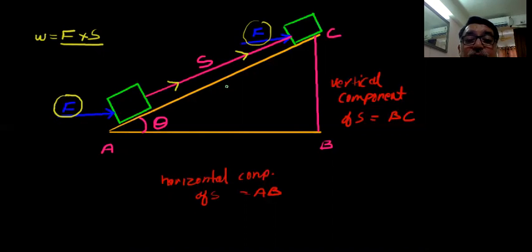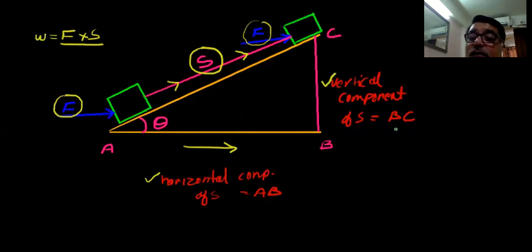So in order to find the work done, what we have to do is, the displacement is inclined at an angle theta. Now we want to find the horizontal component of displacement. AB will be considered as the horizontal component of displacement, and BC is considered as the vertical component of displacement.